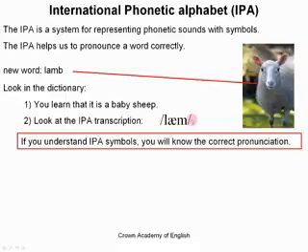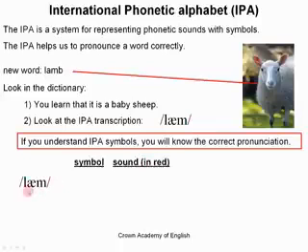So let's carry on with the example. Here are 3 IPA symbols. The first one is the symbol for the sound L, like leg. Second symbol is A, like cat.